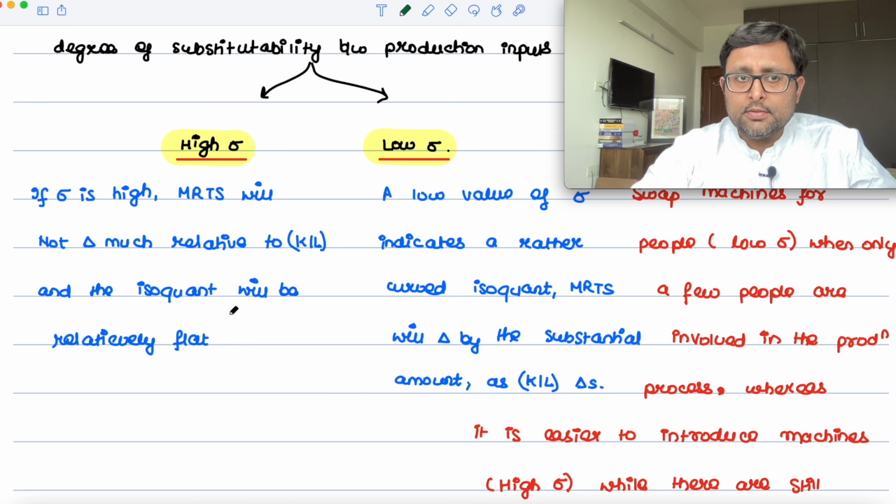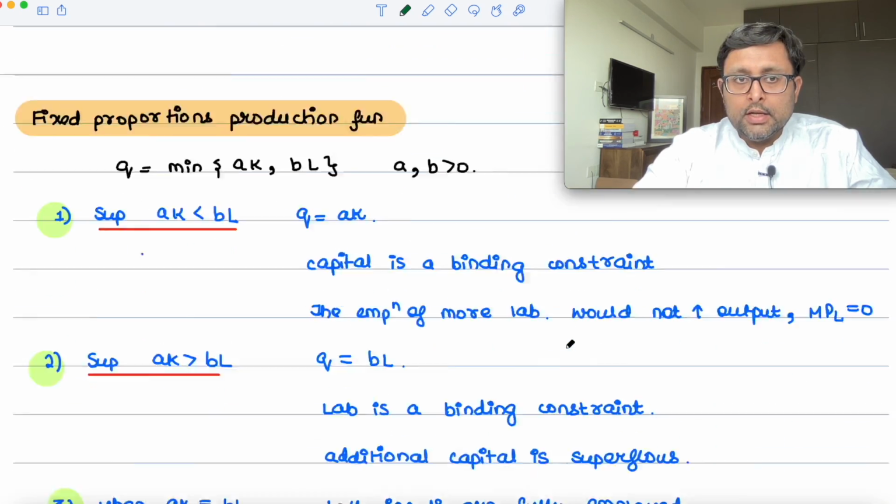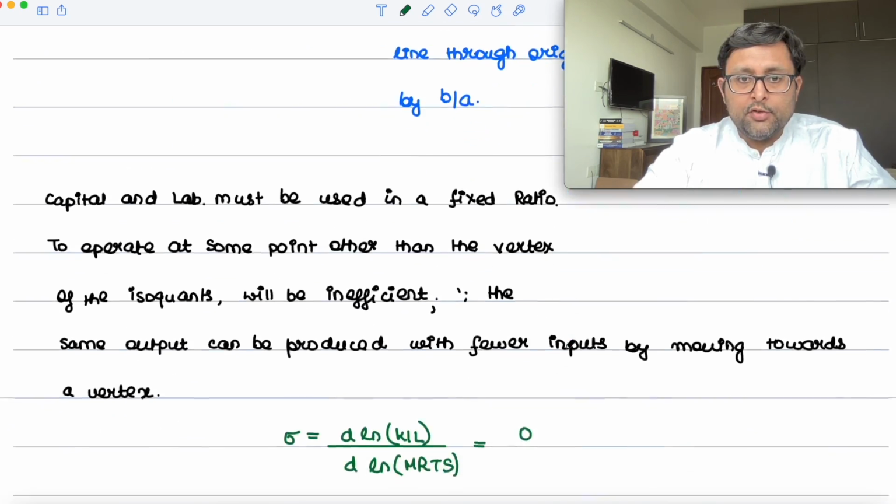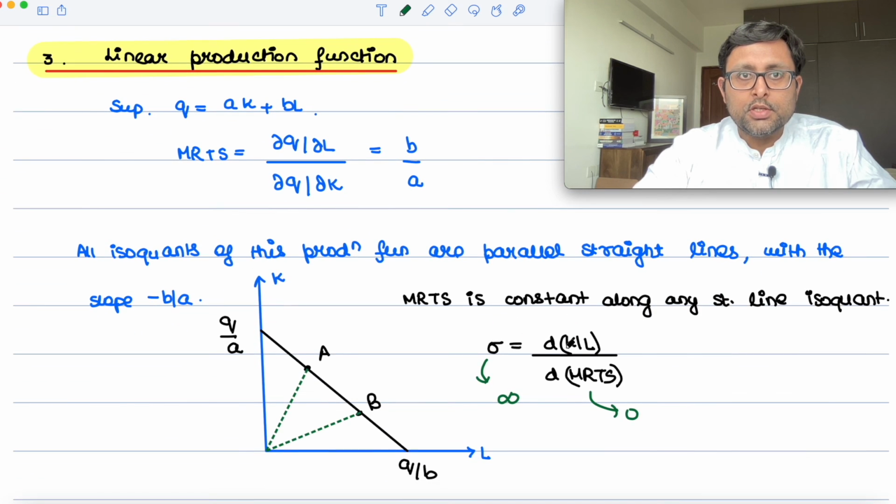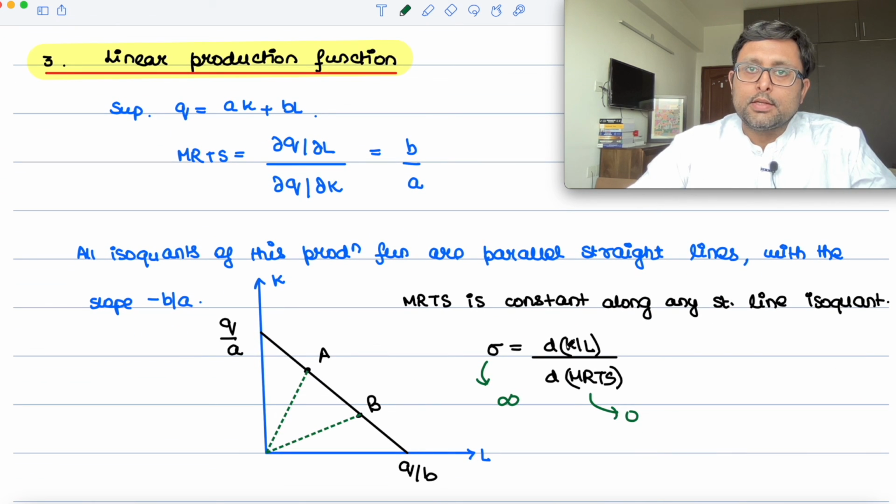High sigma means MRTS will not change much relative to changes in K by L. That is your perfect substitutes. Low sigma means MRTS will change by a substantial amount as K by L changes. That is the perfect complements kind of production function. Right, beta? So this is what I wanted to do in this class. Thank you.